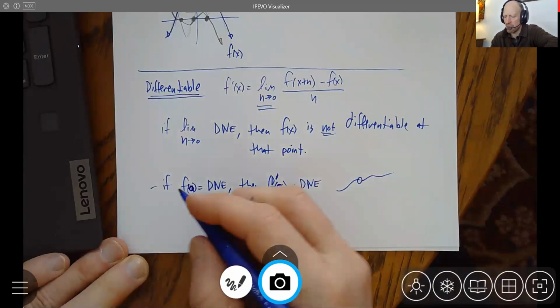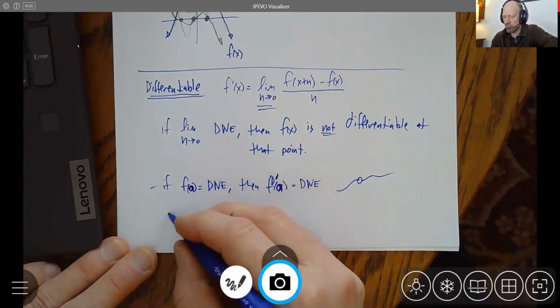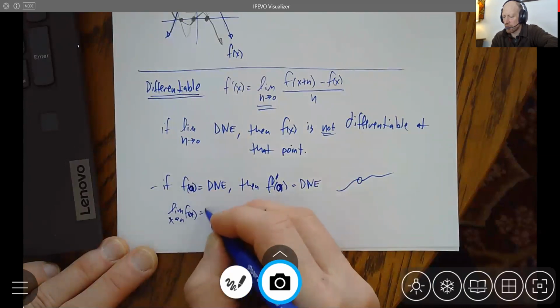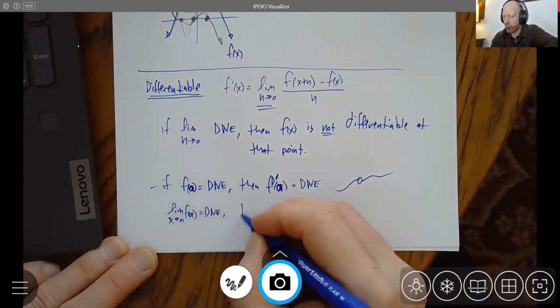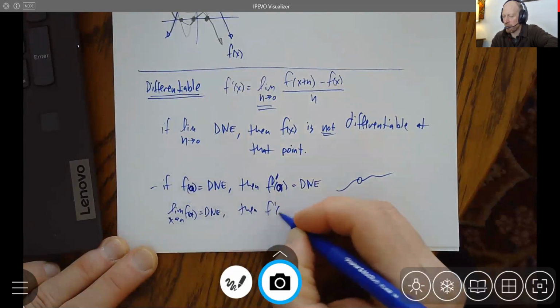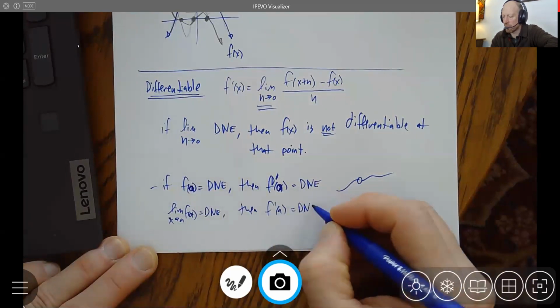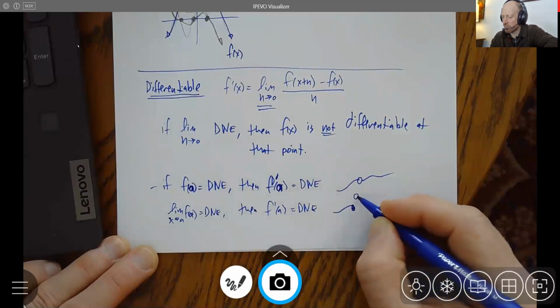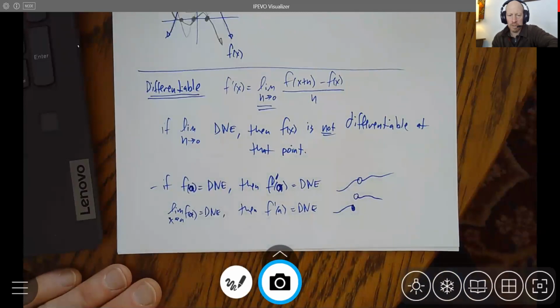It also turns out that if the limit as x goes to a of f of x does not exist, then f prime of a does not exist. And that's where you might have a situation like this. So there's a spot where the limit doesn't exist.